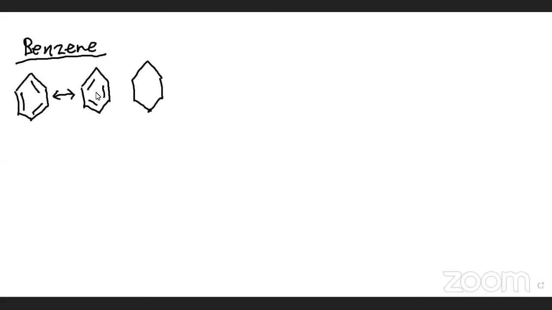The thing about the pi electrons, if you remember, a double bond contains pi bonds. So the pi electrons, even though we give them a specific position in these two examples, they are not stationary. So the electrons are actually delocalized. So these are possible structures.